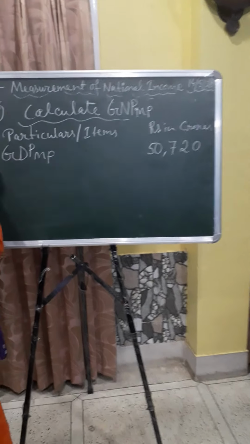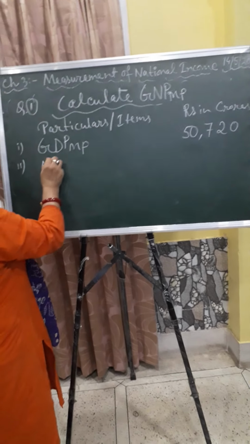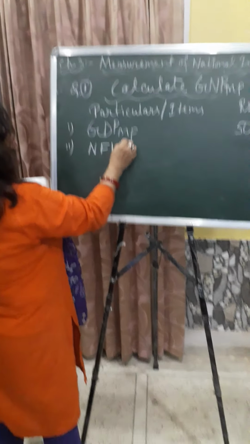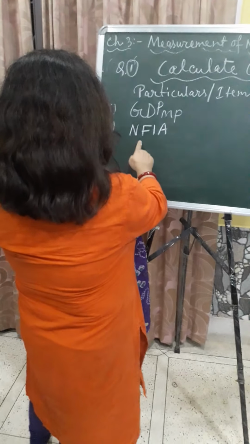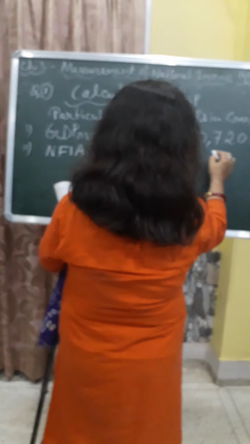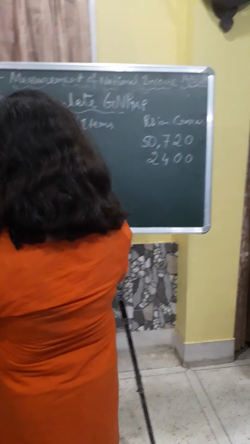Number 2, net factor income from abroad, in short form NFIA, 2400.